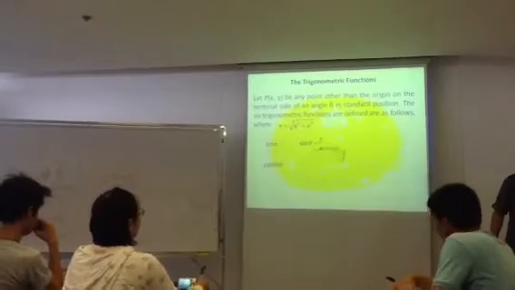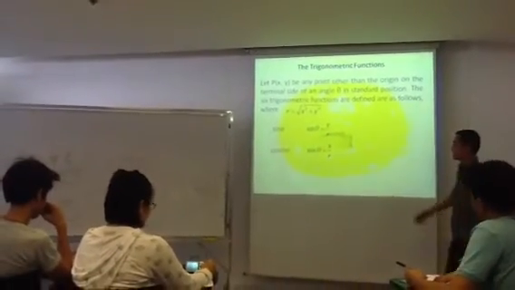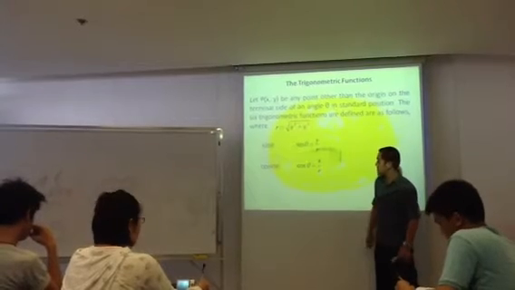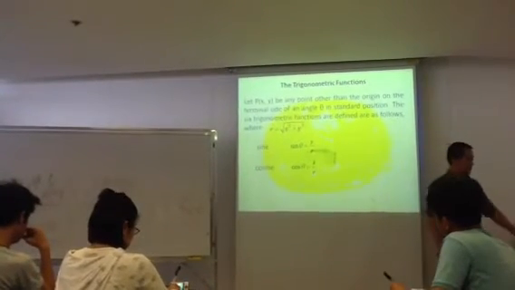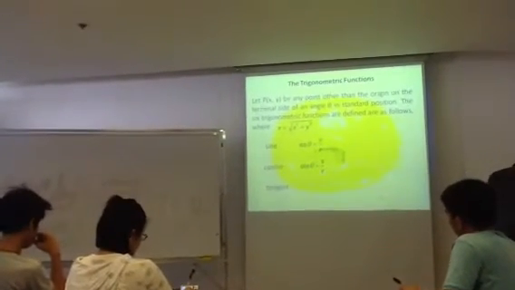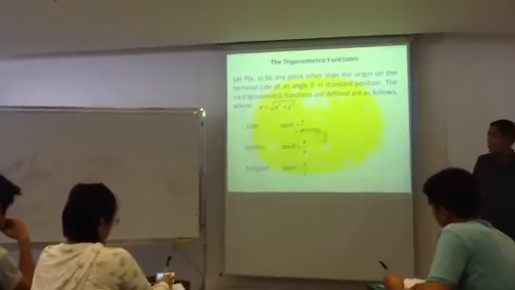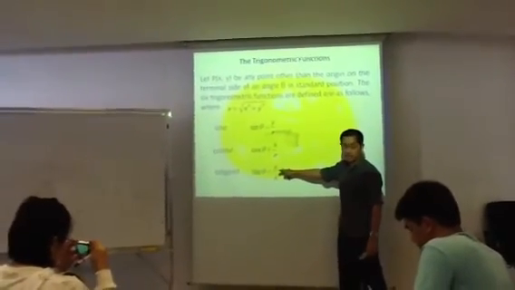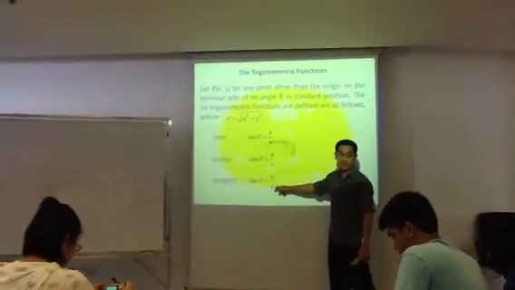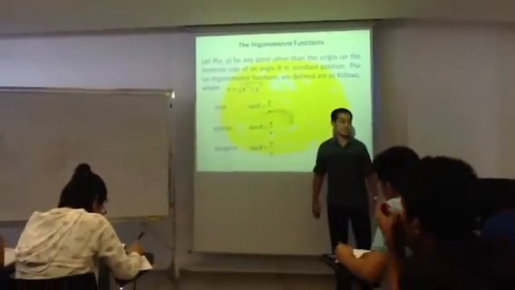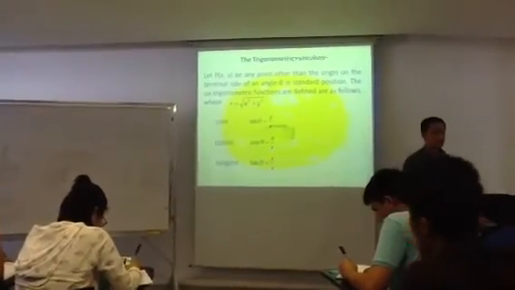While cosine is the ratio of your x over r, where x is your horizontal axis and r is your diagonal. And the tangent is defined as the ratio of your y over x, where y is your vertical axis and x is the horizontal axis. These are the basic trigonometric functions.